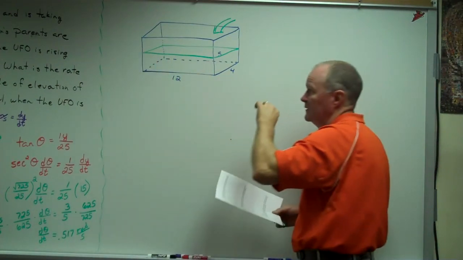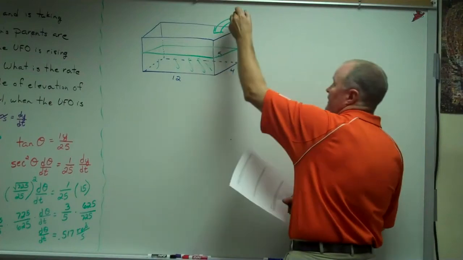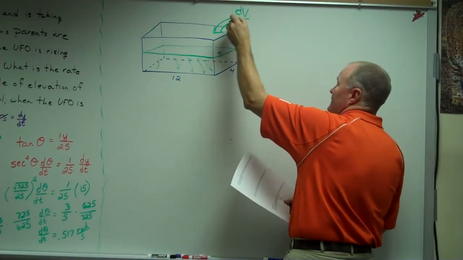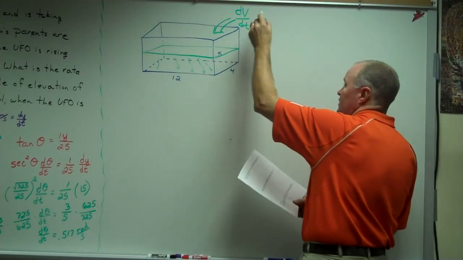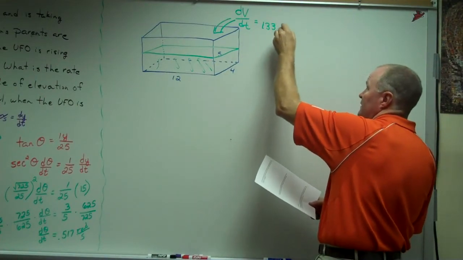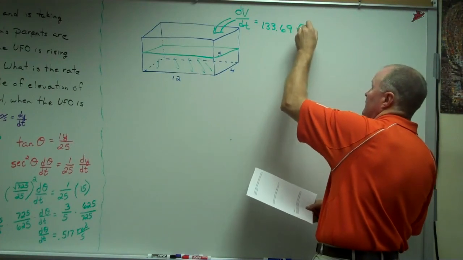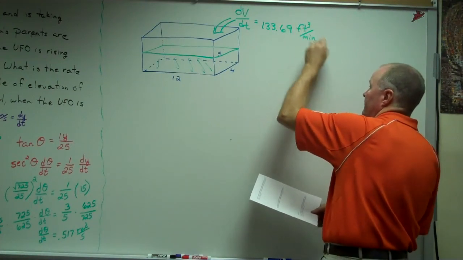So there's my water coming in. Since it's a volume in cubic feet, it's dV/dt: 133.69 cubic feet per minute.